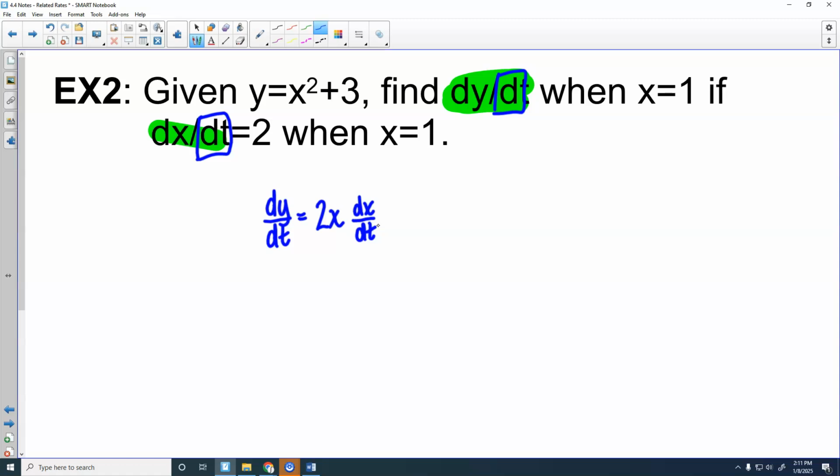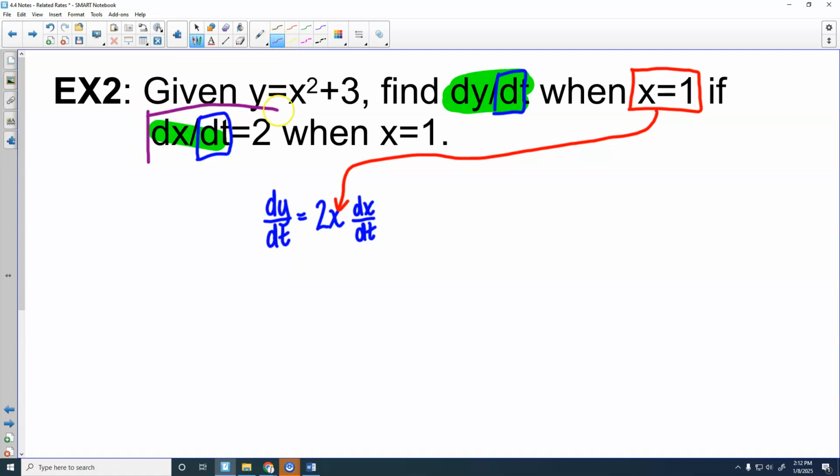Once you've taken this derivative, most of the time, all you've got to do from here is plug in the pieces of information that they gave you. So they told you that x equals 1. So right there for x, we're going to replace that with 1. It tells you that when x equals 1, dx/dt equals 2.